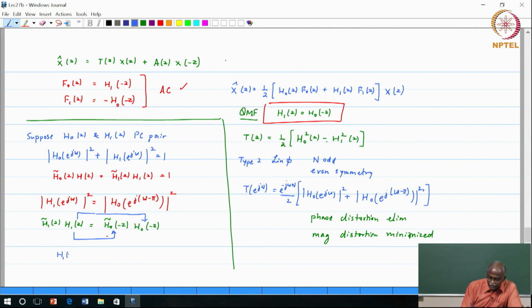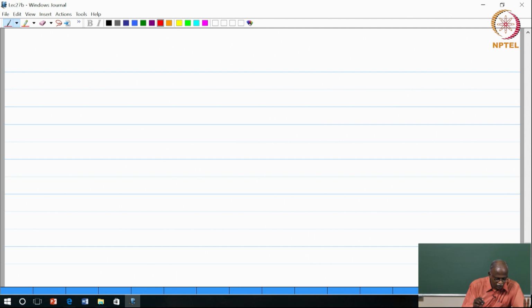Can I consider H1 of z to be equal to z power minus n times H naught tilde of minus z, and just take it with a minus sign, because that will help simplify things. But see, this is for causality. The minus sign you can come back and fill in later if you want, but you take it with the minus sign, without loss of generality.